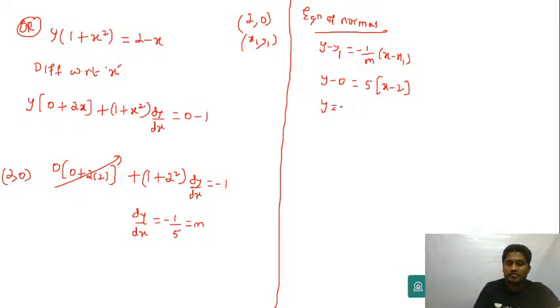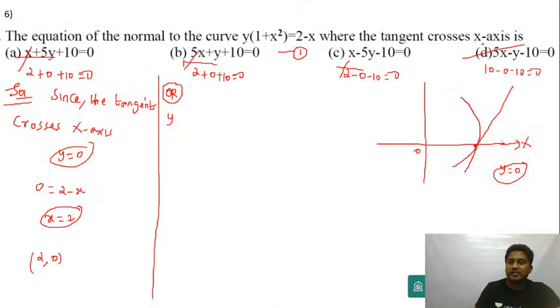You get y is equal to 5x minus 10. Shift on the left side, right side, you get 5x minus y minus 10 equal to 0. That's the answer, guys. Yes, last option only, 5x minus y minus 10 equal to 0. Better than that, just take the point and substitute the options and check which will satisfy.